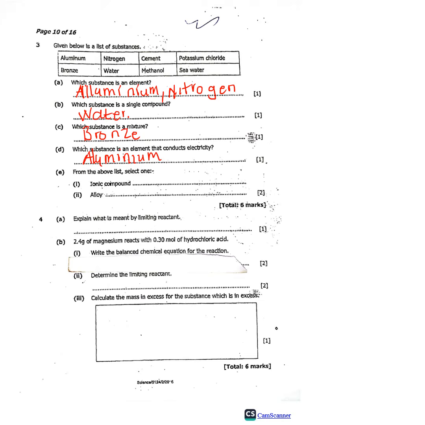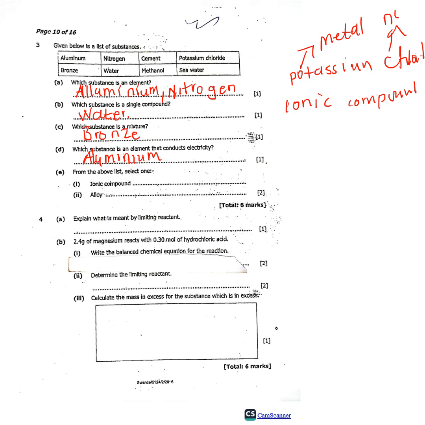Now from the list above, select one ionic compound. An ionic compound is a compound that consists of a metal and a non-metal. If we look at potassium chloride, potassium is a metal from group 1, and chlorine is a non-metal from group 7.